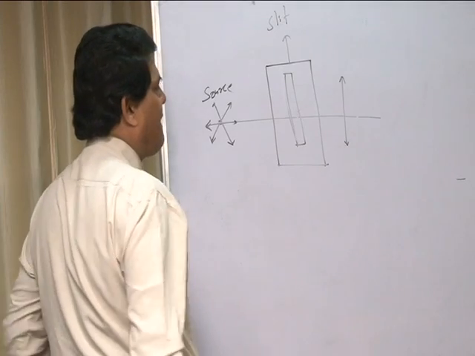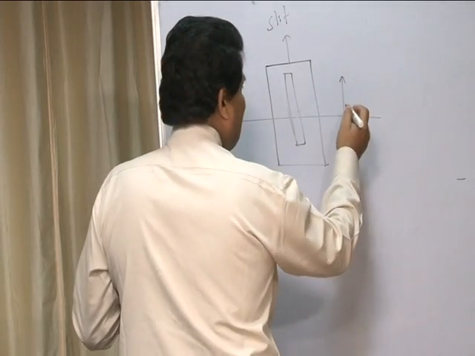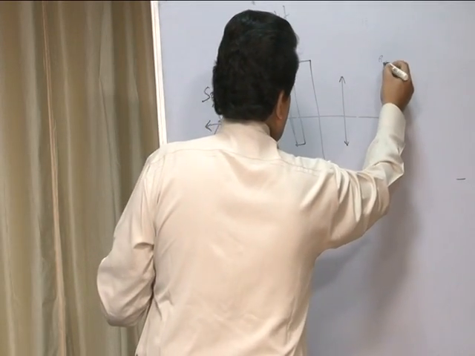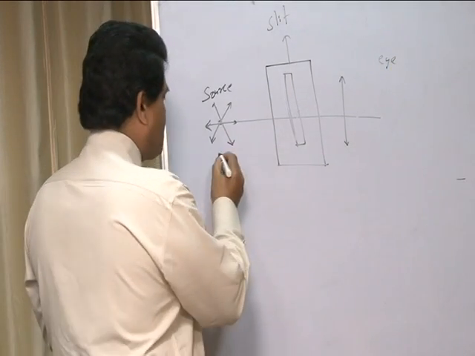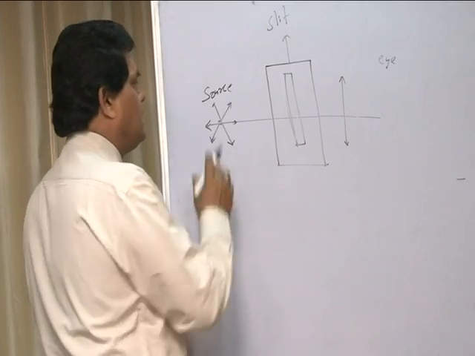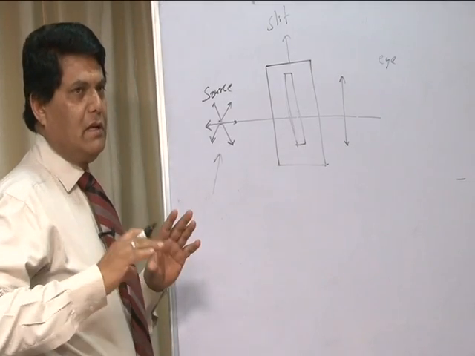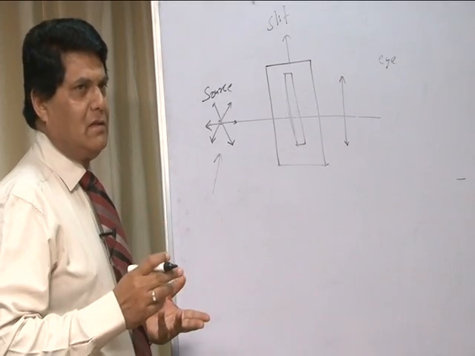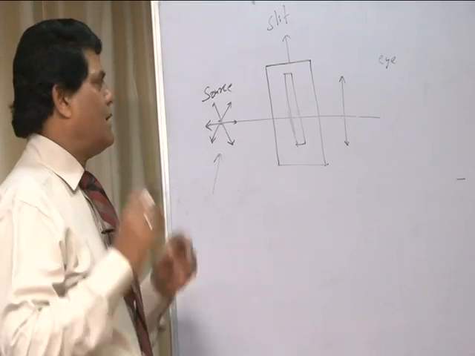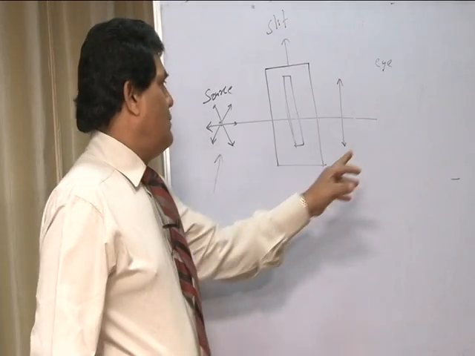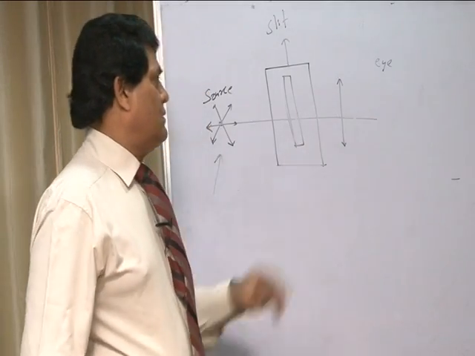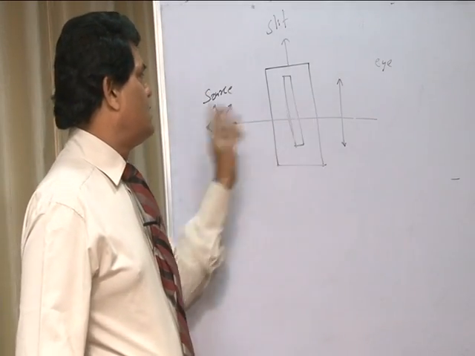Here, if you look at this light from this side, if you keep your eye this side and see this object directly, it looks like it is shining in all directions, burning at a high intensity. If you see the same object through the slit, you are still able to see it.